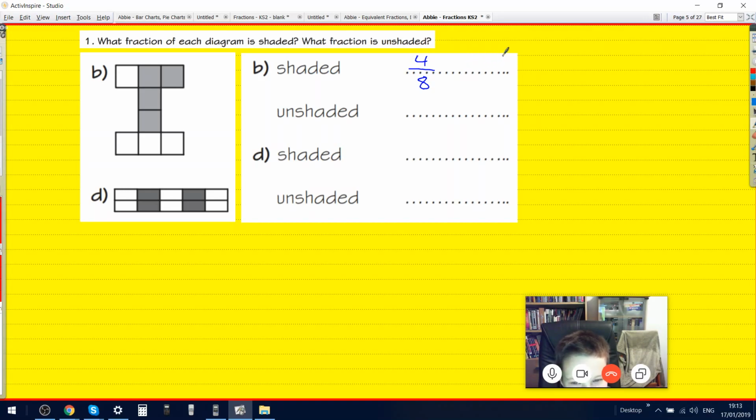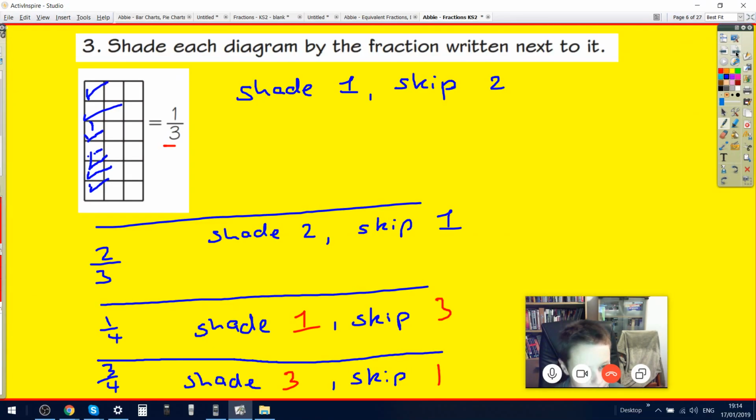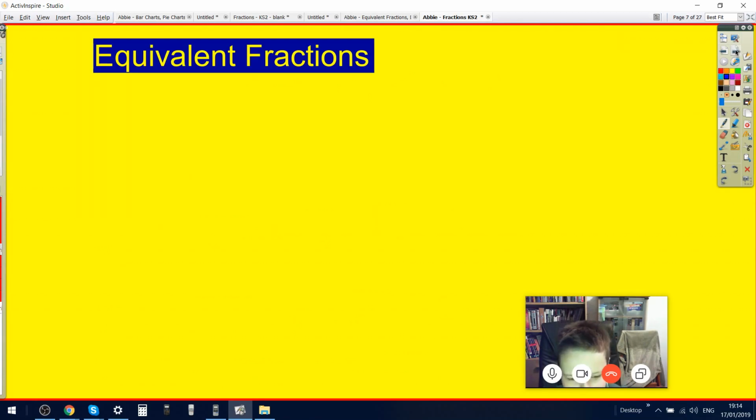I think you can divide them both by 2, and I think also 4. Yeah. So use the bigger one. So 4 divided by 4 is 1, and 8 divided by 4 is 2. So 1/2. That's it. Okay, I think you'll be fine for the bottom one. That one's done.